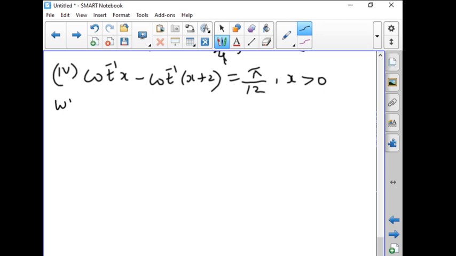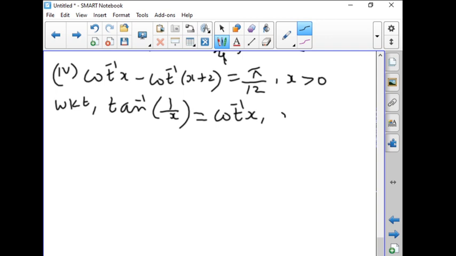so we know that tan inverse of 1 by x is equal to cot inverse of x when x is greater than 0. The third property, I think. Okay, we have seen this.